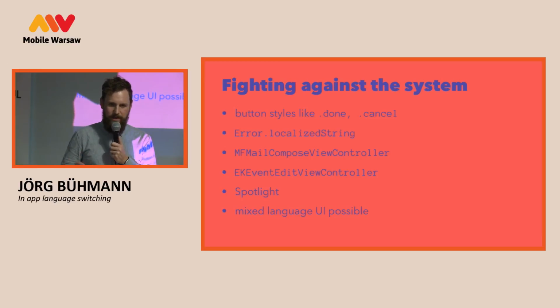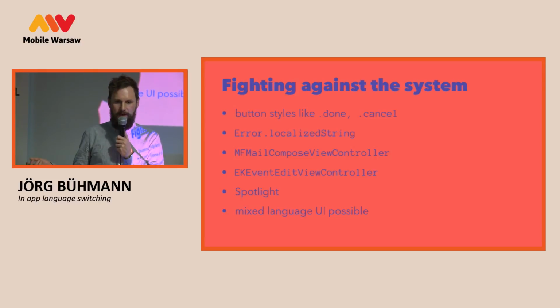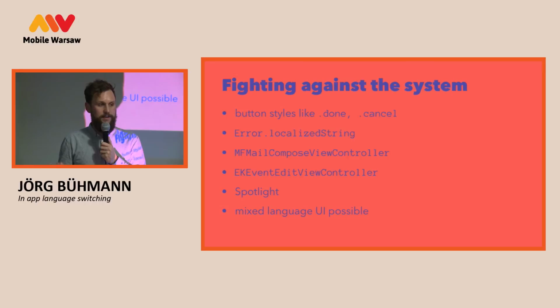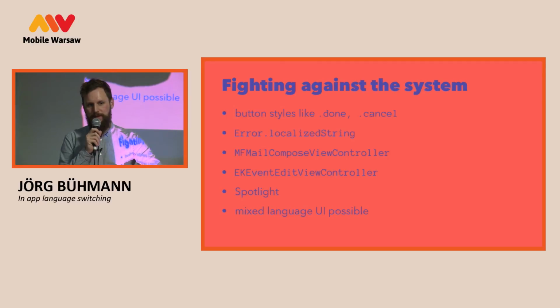So these are the email composing window, adding an event to a calendar, Spotlight, which is a search indexing service, and also, for example, widget titles, which are just read by the system from a configuration file where you cannot go at runtime.